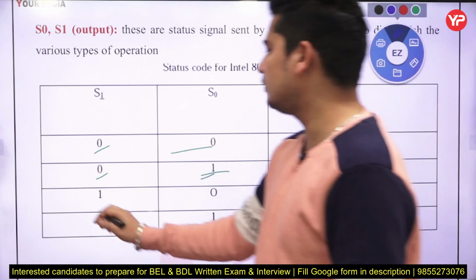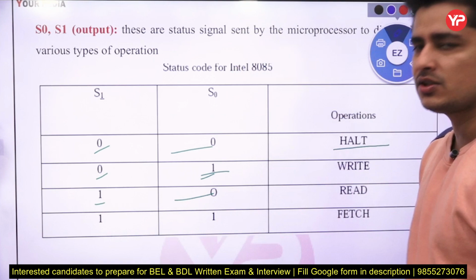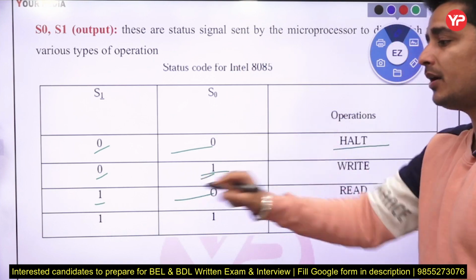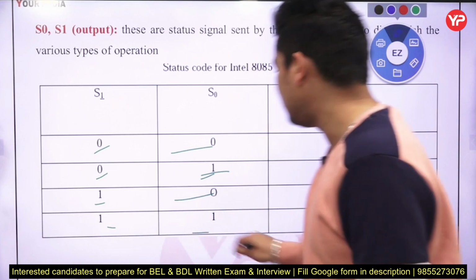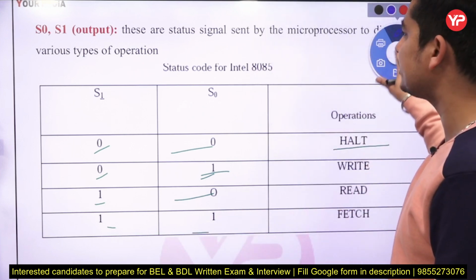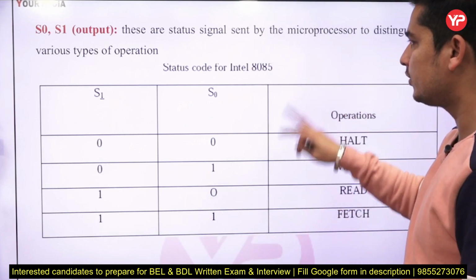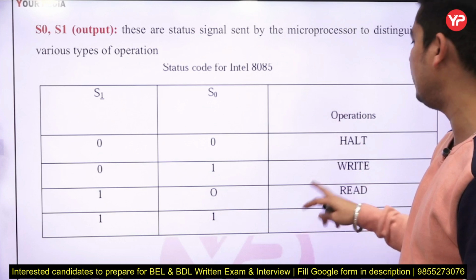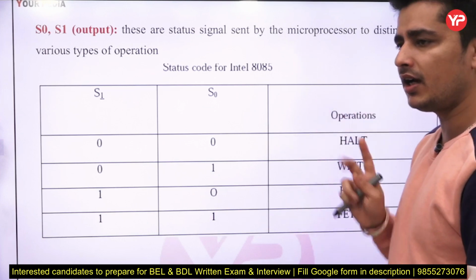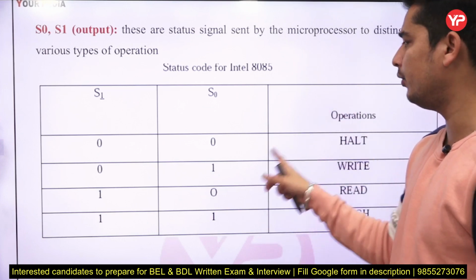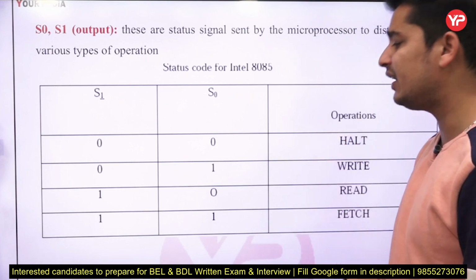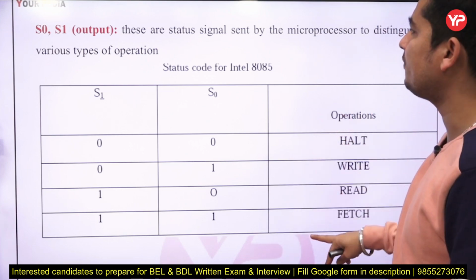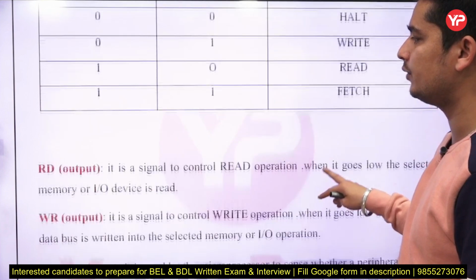If the status is 1 0, it means we are reading the memory. And if it is 1 1, then we are fetching the information from the memory. So this is the status code of 8085, which tells you which operation we are performing: halt, writing, reading, or fetching.